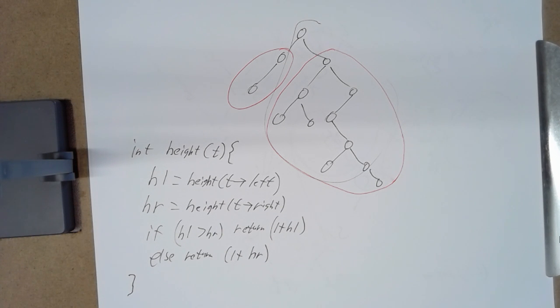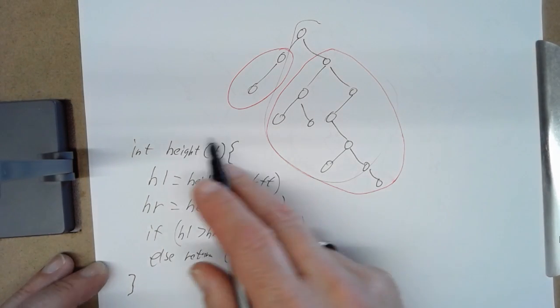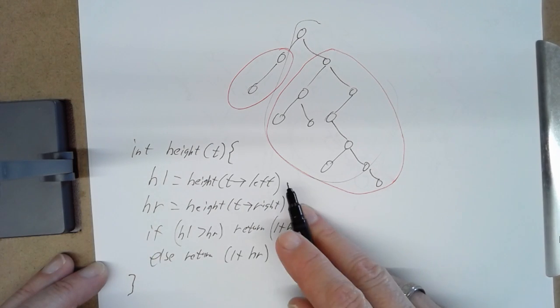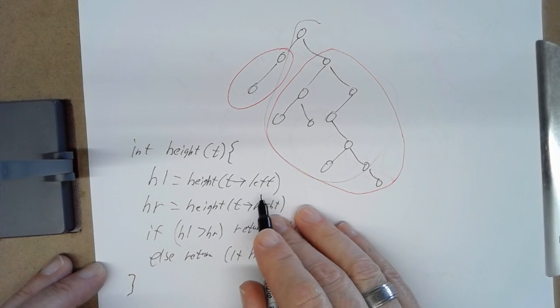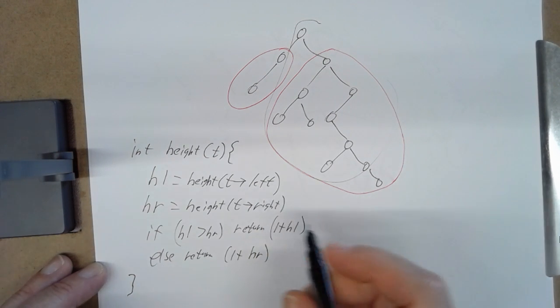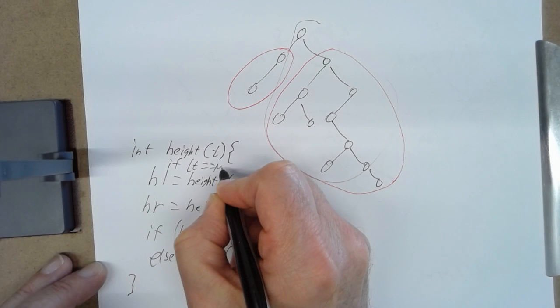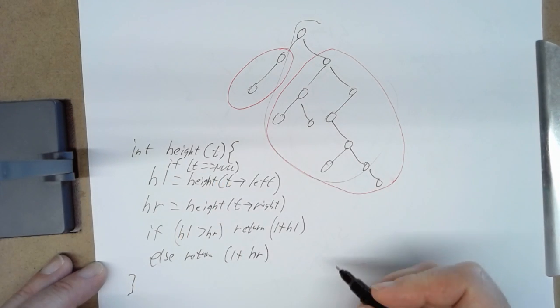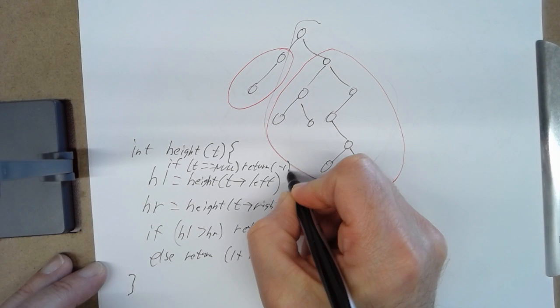So if we do this, right, first thing we're going to do is take the left subtree and find its height, which you're going to come in here, look at the left subtree of that, and call for its height. And look at the left subtree of that. And if we keep doing that, we're going to get to the leaf node. And if we do the left subtree of a leaf node, it's going to be null. And when we say t arrow left, it's going to segfault. So we got a base case in here if t equals null. Return the height of a null tree, which is conveniently minus 1.